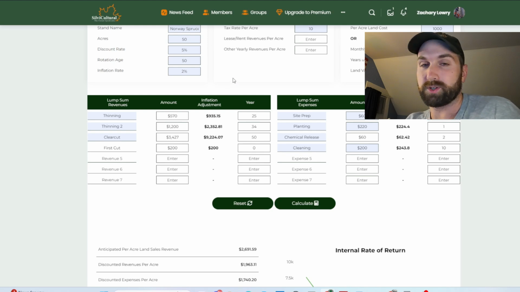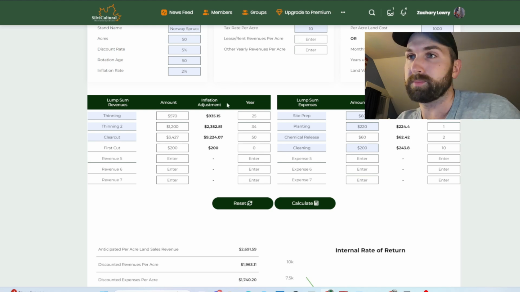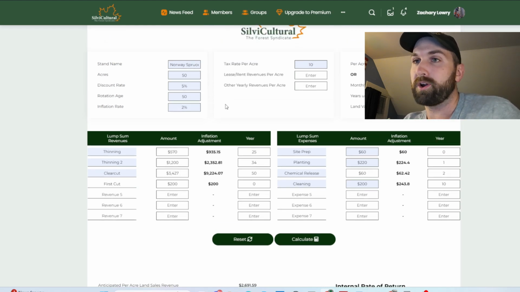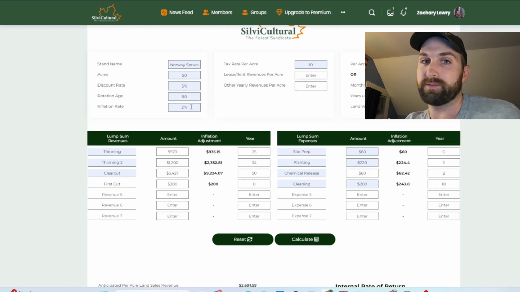And here's where it gets tricky and where ultimately these analyses come down to some personal judgment. So earlier I chose a 5% discount rate and a 2% rate of inflation. So that means that our net discount rate is essentially 3%. And usually what I would argue for is a 1% net discount rate, so one above the rate of inflation.